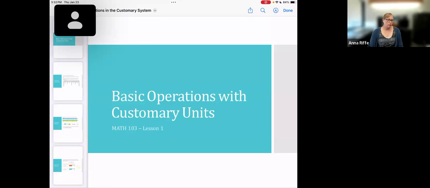We're going to begin by talking about basic operations with customary units. So customary units, you're familiar with them. That's the US system. Things like inches, yards, feet, etc. And we're mostly going to look at the fractional representation of these.